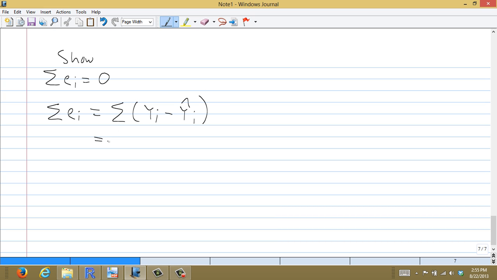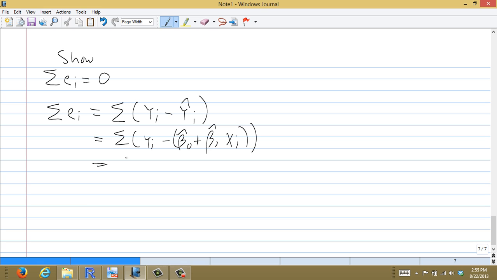And we also know that the ith fitted value is obtained as beta naught hat plus beta 1 hat x sub i. So I'm simply replacing the formula for the ith fitted value into this equation right here.